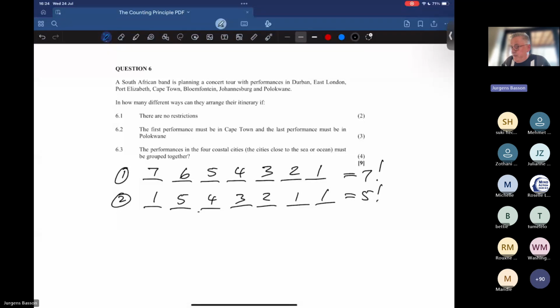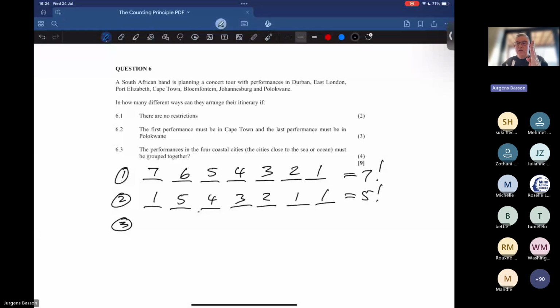When we do the third one, they say the performances in the 4 coastal cities must be grouped together. The 4 coastal cities. Remember, there are 7 cities here. So when I look at my 4 coastal cities and my 3 non-coastal, it's only one group. They didn't say coastal together and inland together. They said coastal together, one group, 4 factorial.